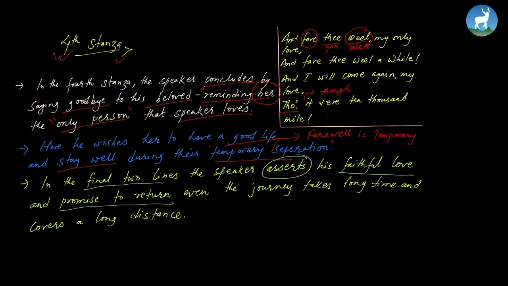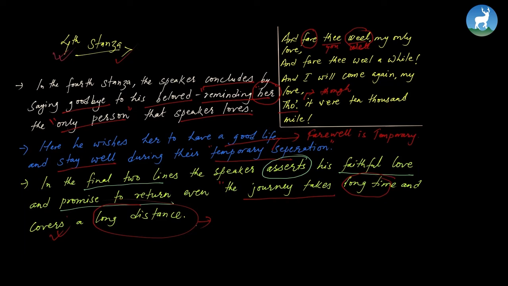This is what he asserts in the final two lines: his faithful love and promise to return. Why? Because even if the journey takes a long time, or covers a long distance, he will return back.